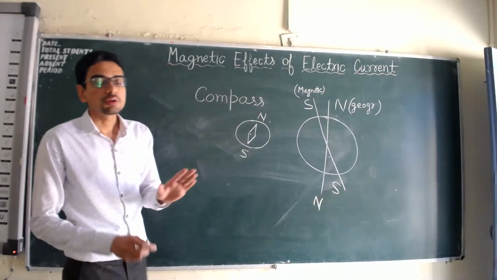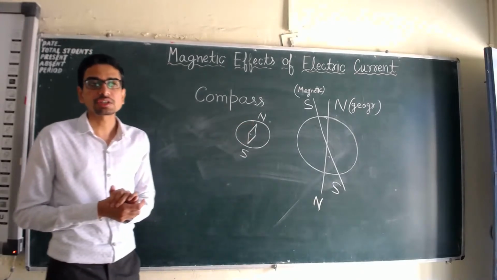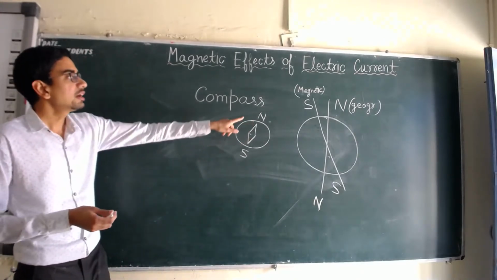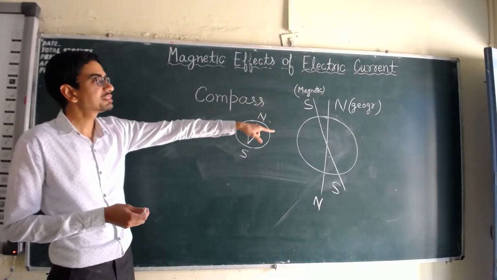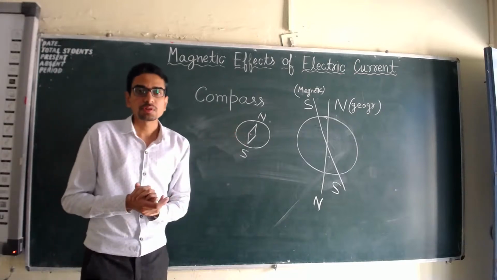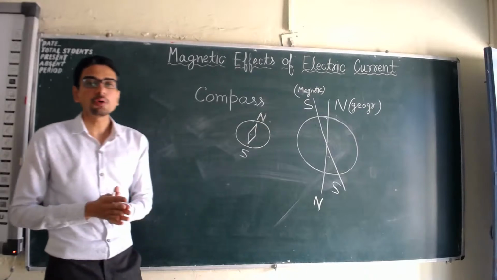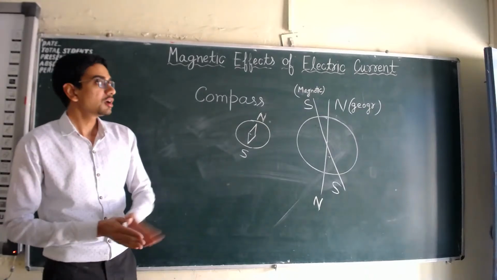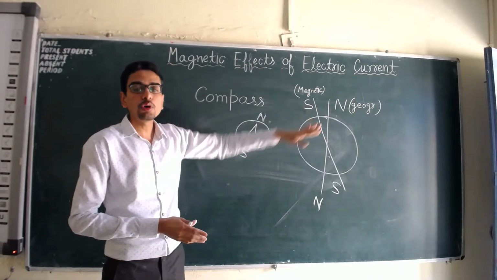Now the question is, why does the compass show direction in north and south direction? The answer is that a magnet attracts another magnet, which means Earth is also a magnet, so it has magnetic poles. The north pole of the compass attracts the magnetic south pole of Earth.